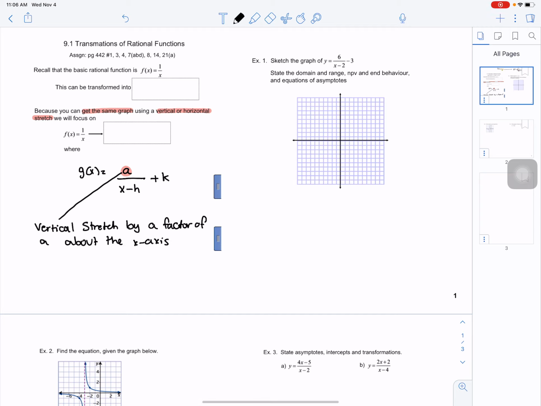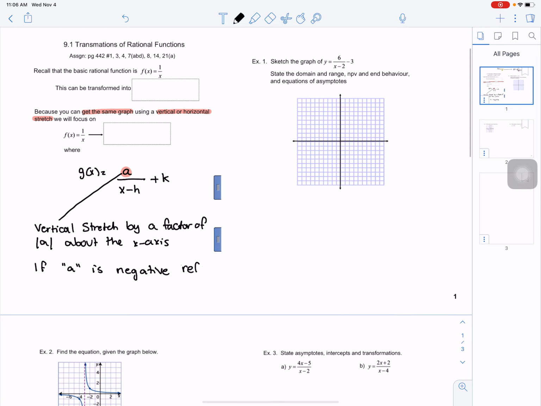Now again, I want this a to be strictly positive because we don't say that the stretch is negative. So if a is negative, we know that there's a reflection in the x-axis. And that's because the negative would sit on the outside of the function.